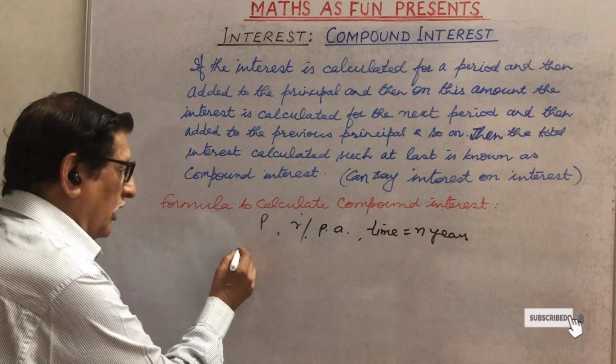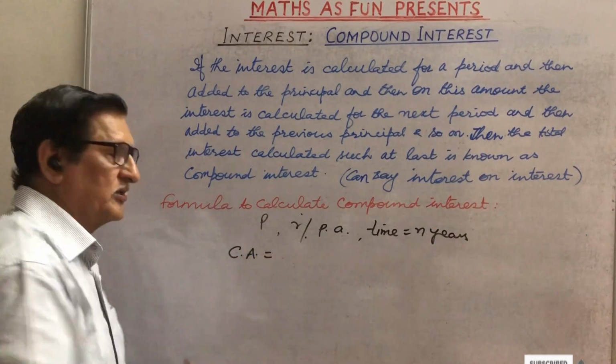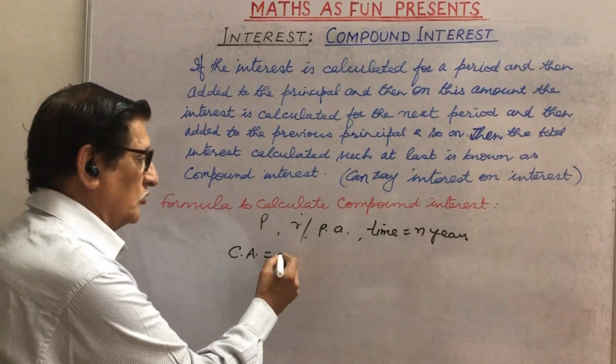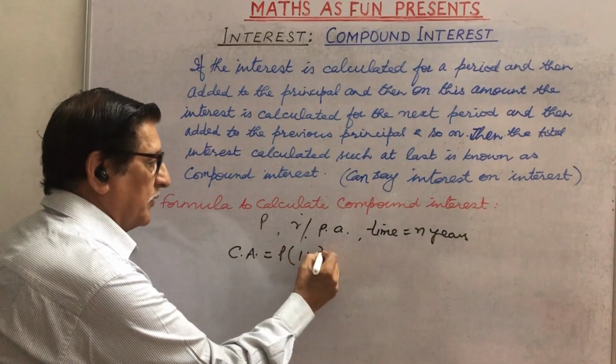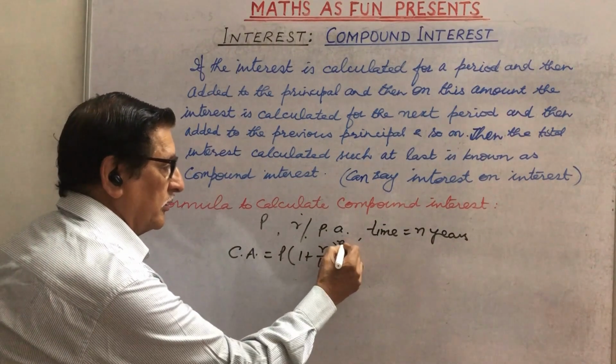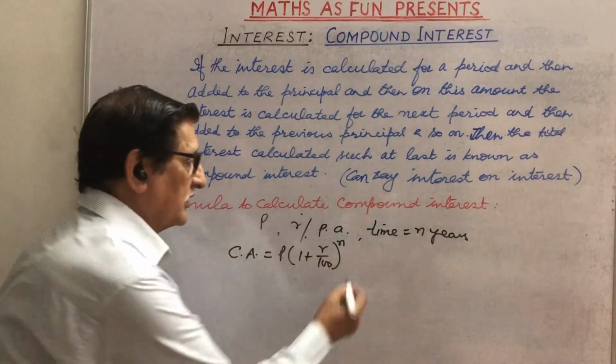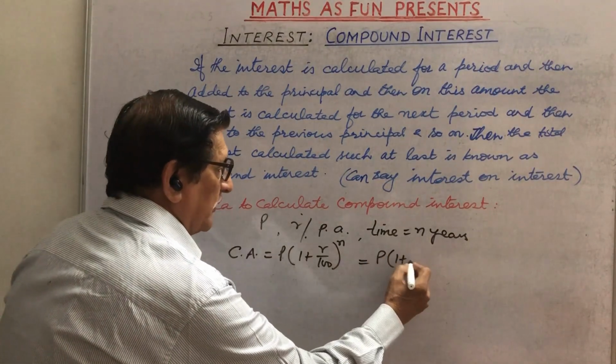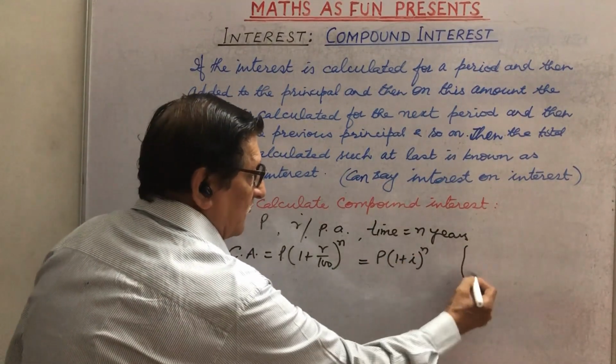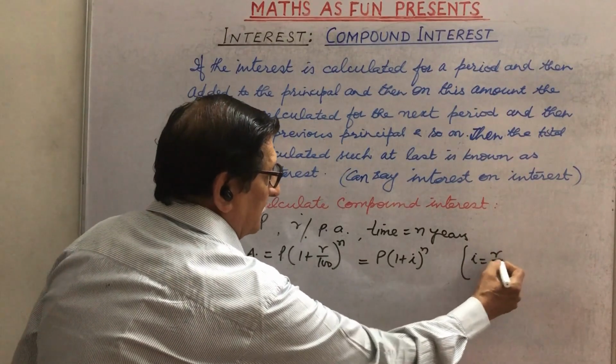Then the compound amount, we will calculate the amount first, will be equal to P into 1 plus R upon 100 to the power n. We can also write this as P into 1 plus i to the power n, because we write i as R upon 100.